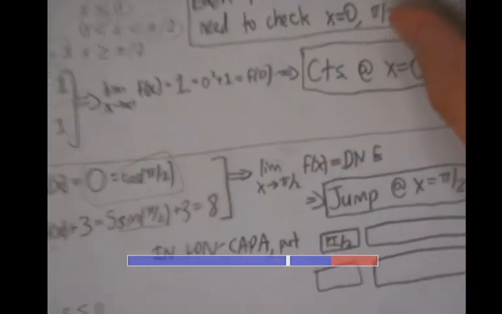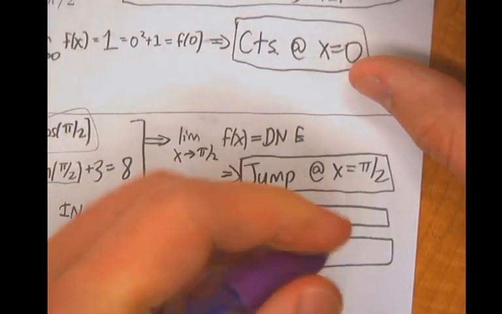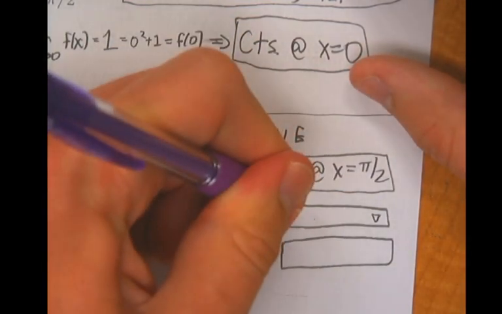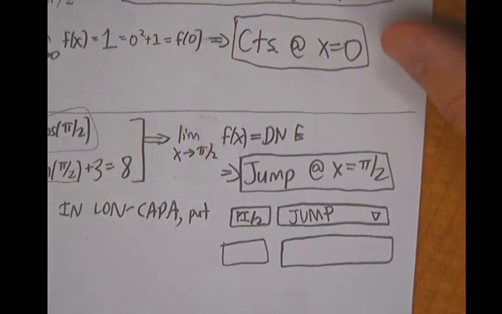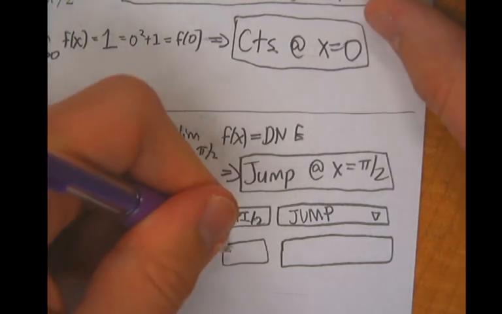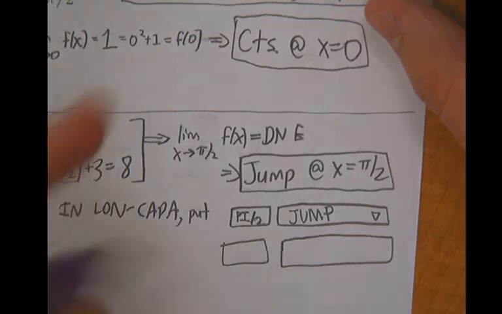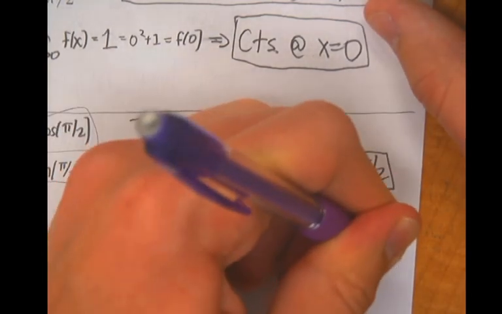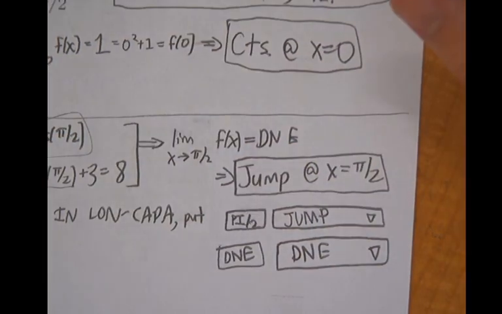So pi over 2, and then there's a little drop-down menu, and you pick the choice that says jump. Since that's the only discontinuity, the remaining box is blank, so to fill that in, you would choose does not exist in the drop-down menu for the second option. Okay?